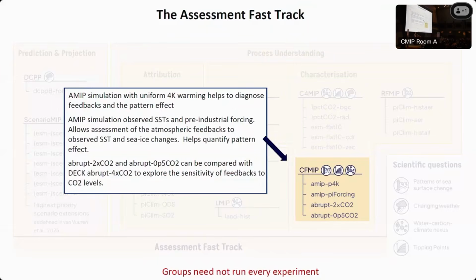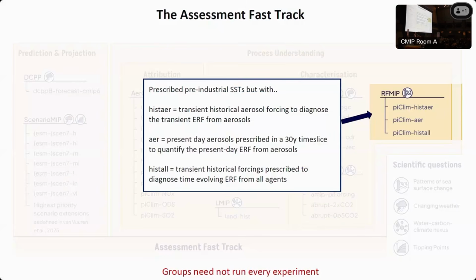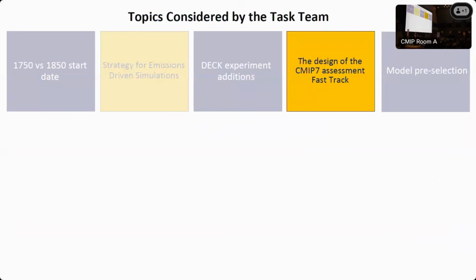Of course, the pattern effect is a big topic at the moment, and so there are a number of experiments from CFMIP which can be used to explore that, and also to explore nonlinearities in climate feedbacks under different CO2 levels. And then finally, there are some additional experiments from RFMIP. There are also those ones in the deck, and these are used to quantify the effective radiative forcing of different forcers.